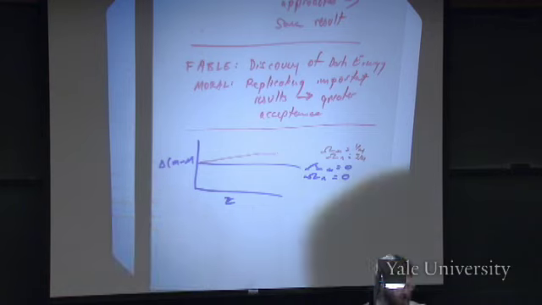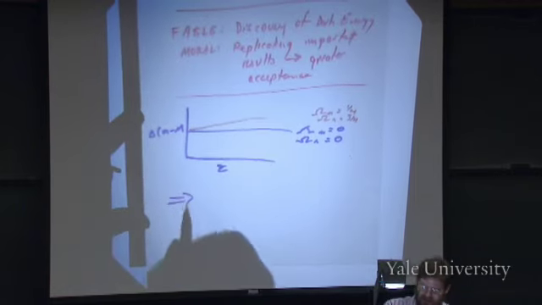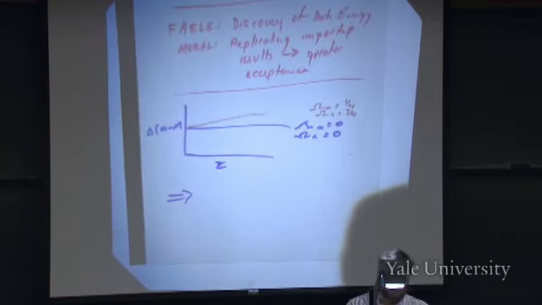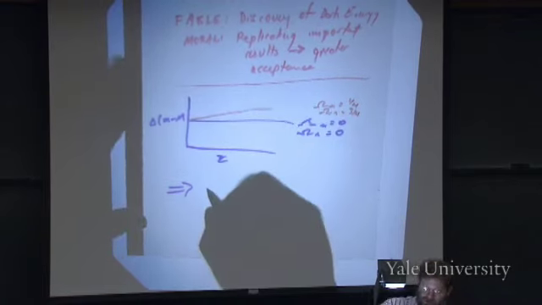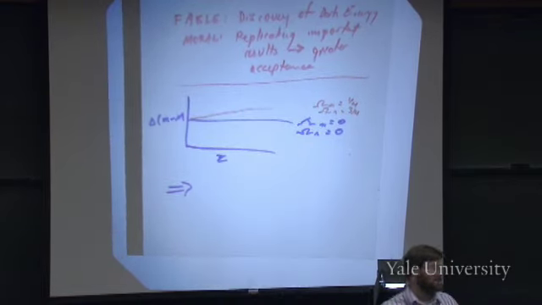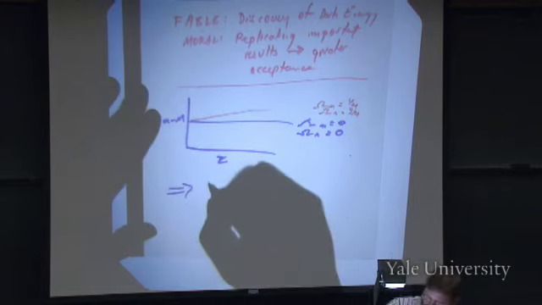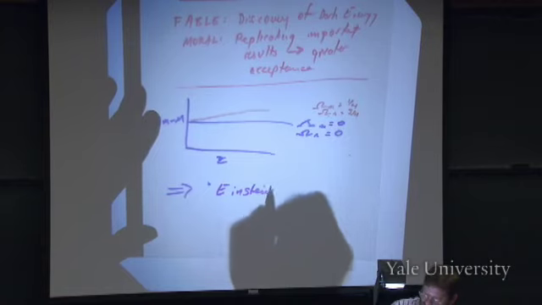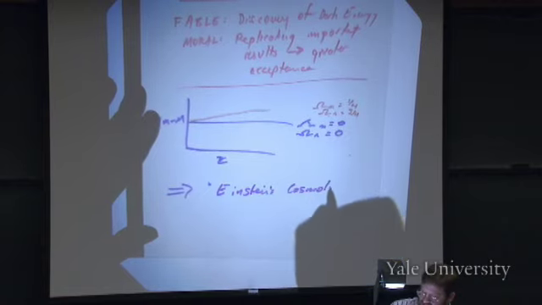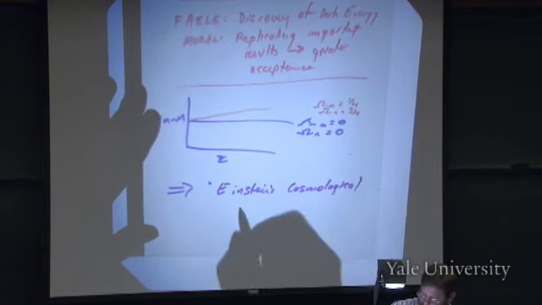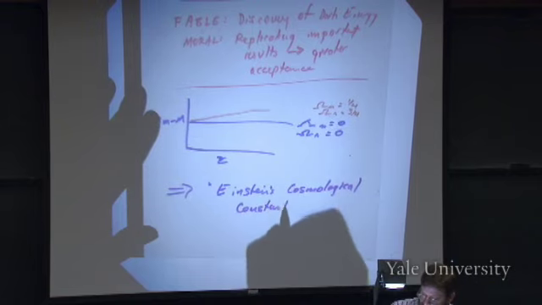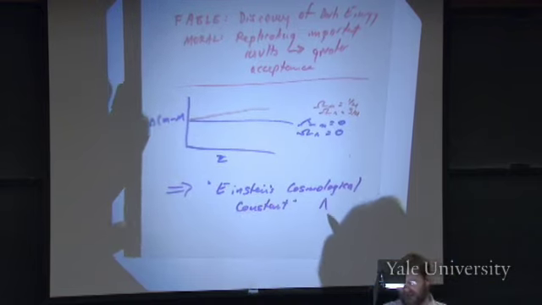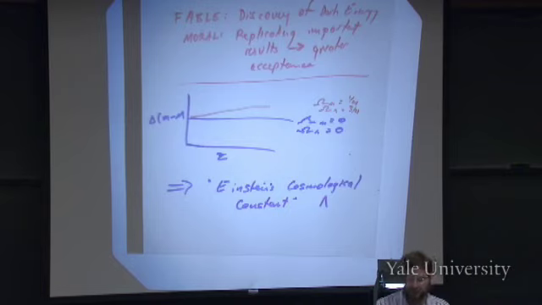And as you will recall, the first explanation that was offered was the fact that Einstein had this figured out 80 years before, except he decided he was wrong. And so the first explanation of this was Einstein's cosmological constant. That's this symbol lambda that I keep writing down.